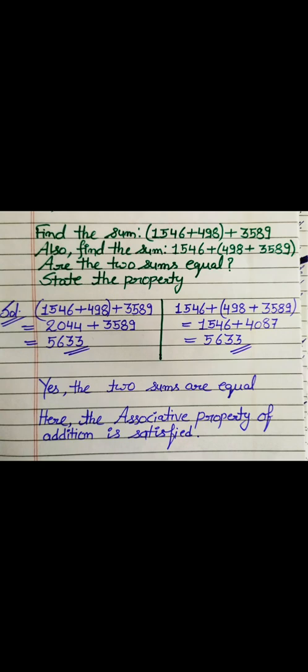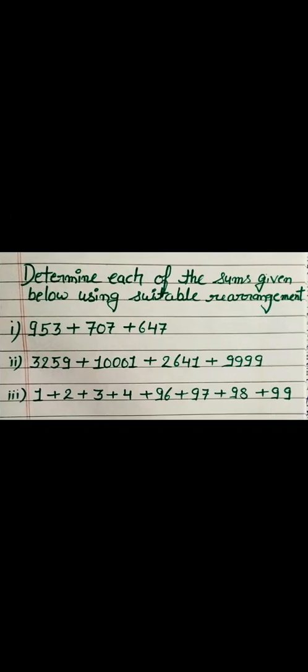Now, next is, here we have to determine each of the sums given below using suitable rearrangement. So students, what kind of rearrangement? We will arrange such two numbers in which, after addition, we will get the result with the maximum number of zeros.